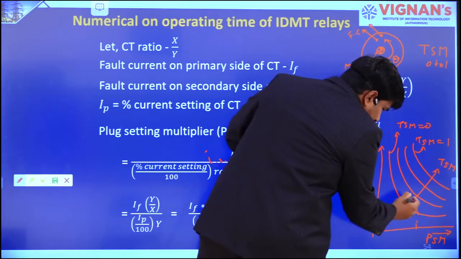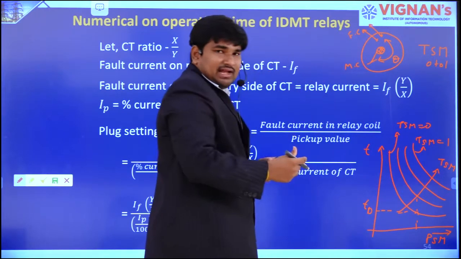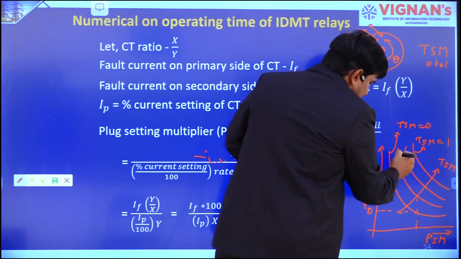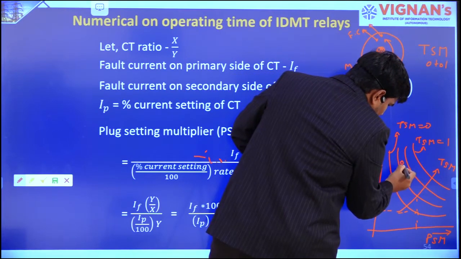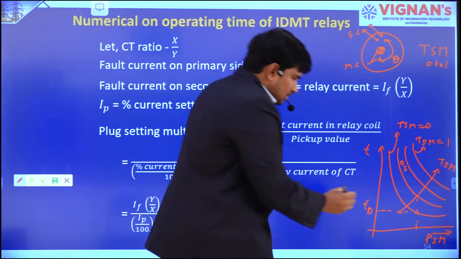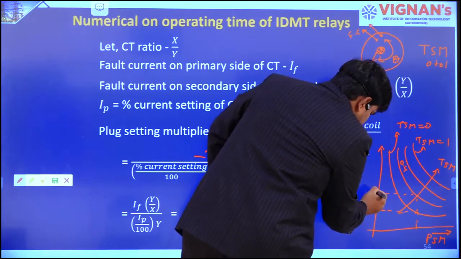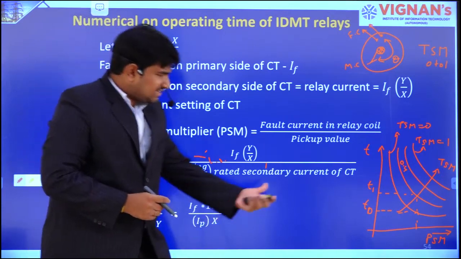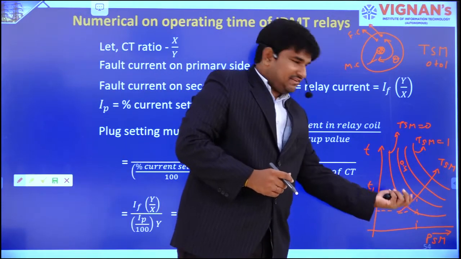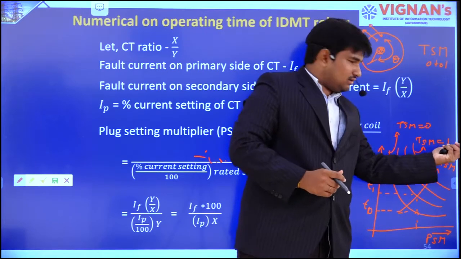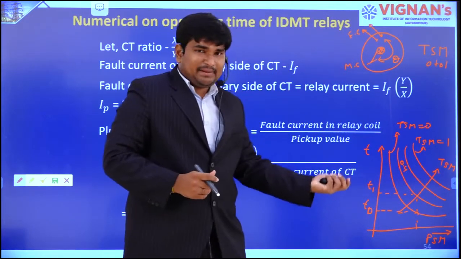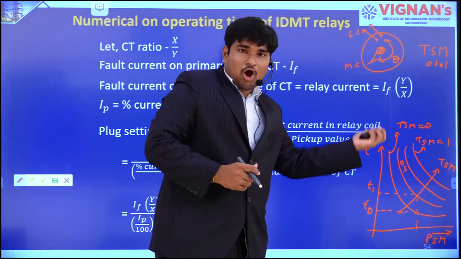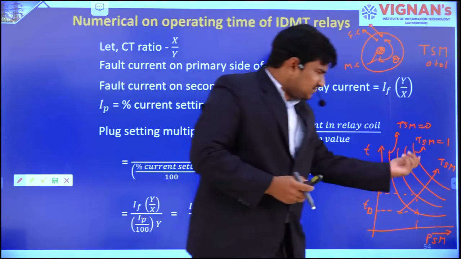Providing intentional delay means the relay operating time will be increased, right? For the same PSM, if I take another graph, let it be a TSM value of 0.4, this is T1, for a TSM value of 0.4. That means the operating time changes with respect to TSM.